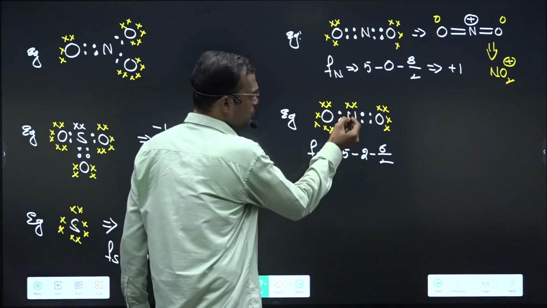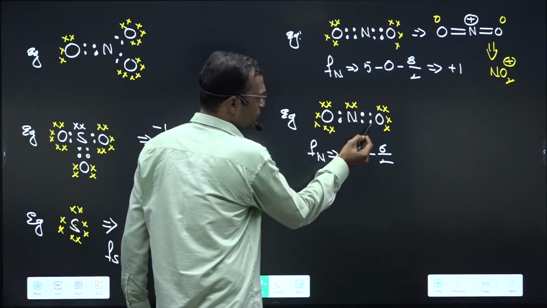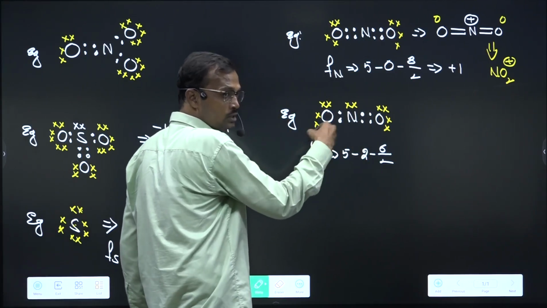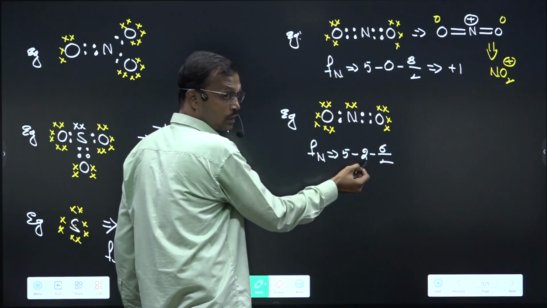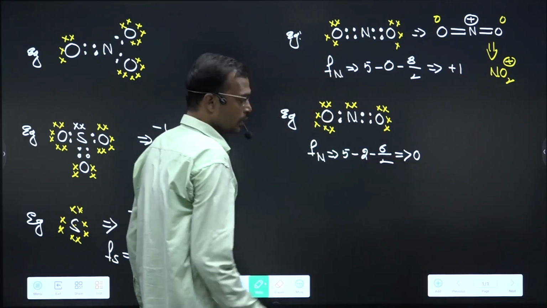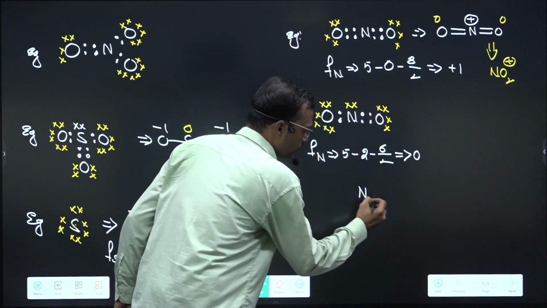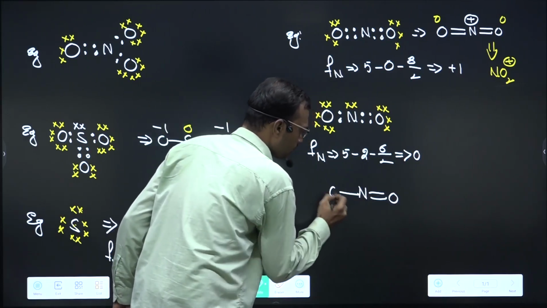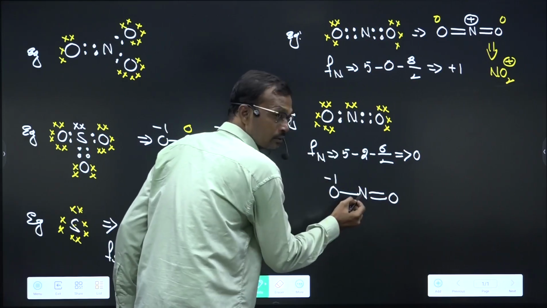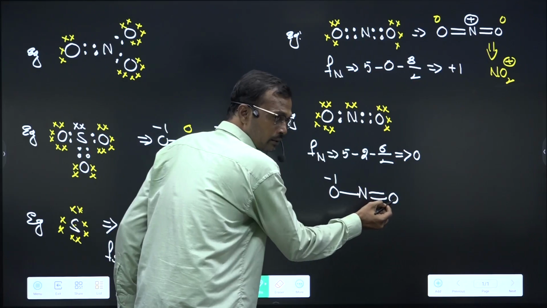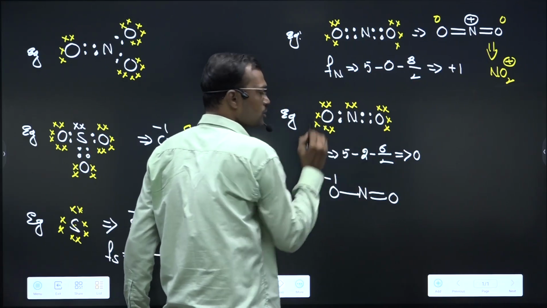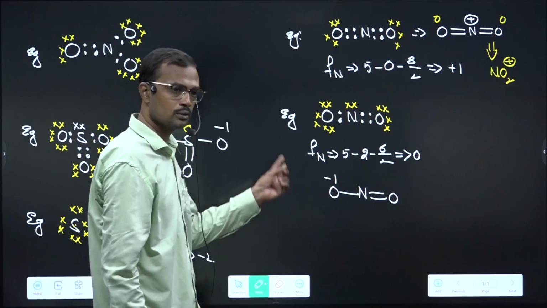This 2 is these 2 electrons. 6 means 1, 2, 3, 4, 5, 6. Around nitrogen, how many bond pair electrons are present? 6 by 2. 5 minus 2, 3, minus 3. Then how much? That is 0. Finally, nitrogen carries 0. Right side double bond O, left side minus. So this is 0 and here minus 1. Here 0 and here 0. So what are the formal charges of oxygen, nitrogen and oxygen in this one? Minus 1, 0, 0.